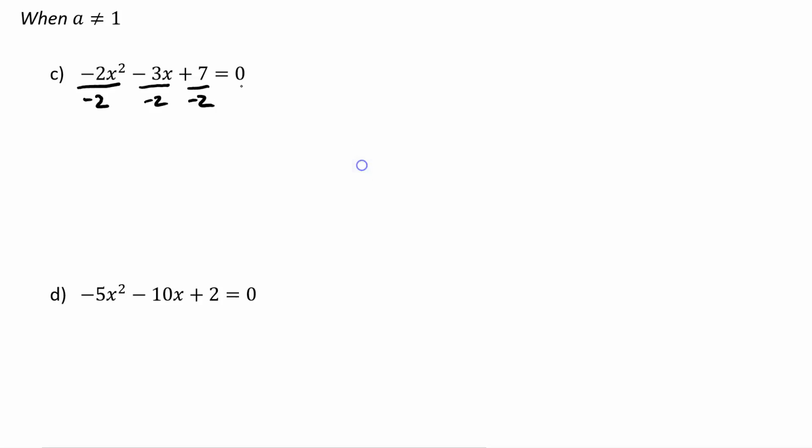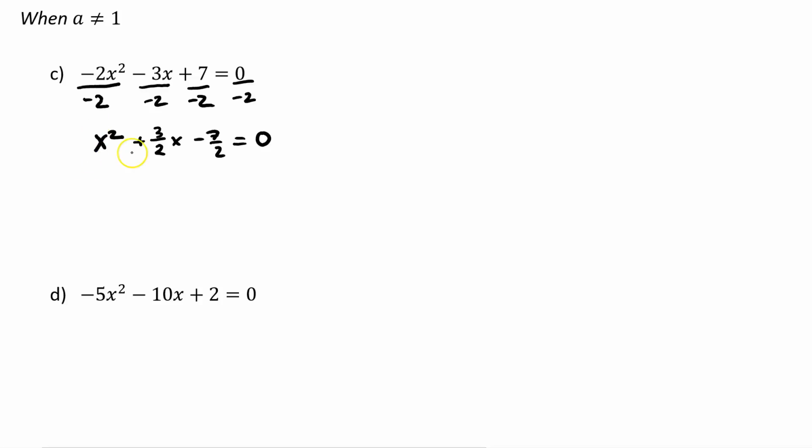I am so sorry. And also this side needs to be divided by negative 2. So then this becomes positive x squared plus 3 over 2 x minus 7 over 2 equals 0 divided by negative 2, which is simply 0.